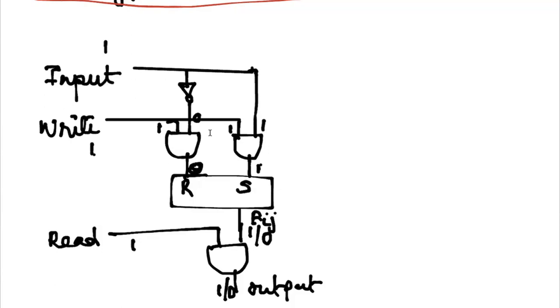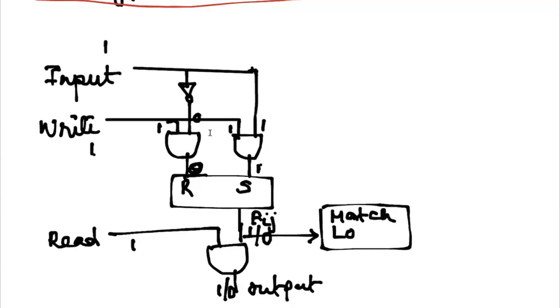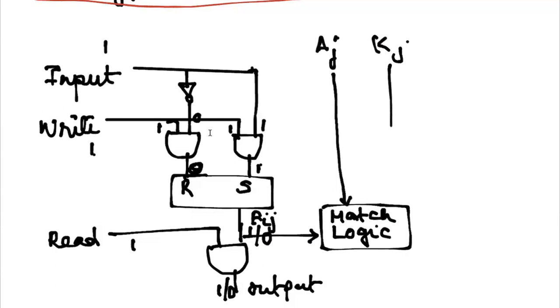Now this Fij, in order to do the match here, this is your circuit for the match logic. The match logic is going to take Fij. It is also going to read from Aj and Kj: Aj for the argument register bit and Kj for the key register bit.